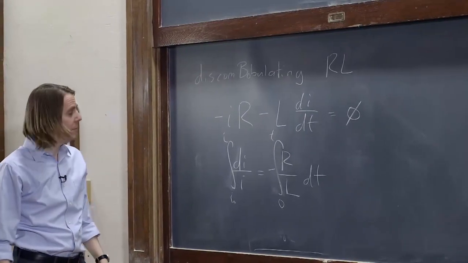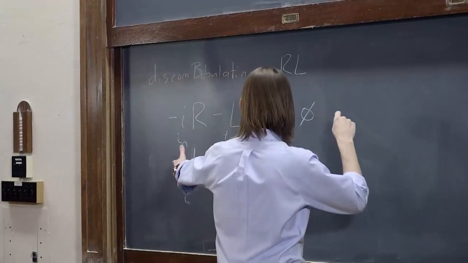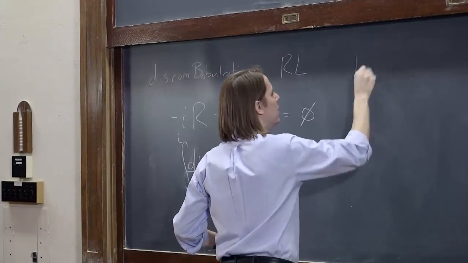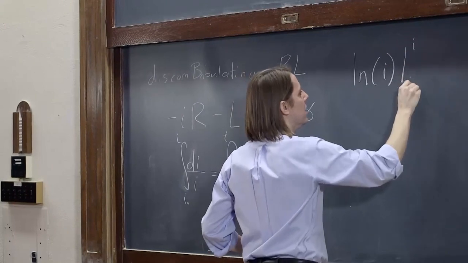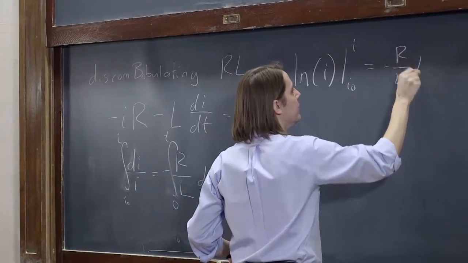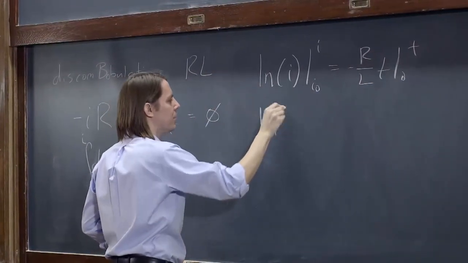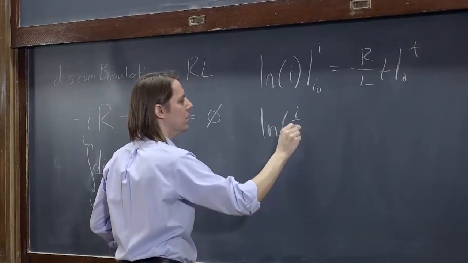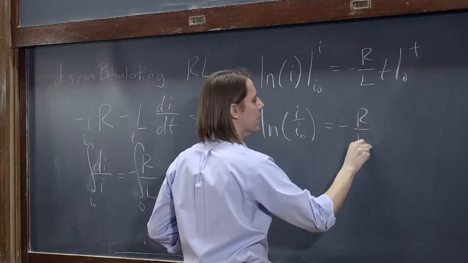All right, well, now we just have to integrate both sides. So this, we've done that integral a few times. It's the natural log of I evaluated from I naught to I. And this one is minus R over L t, evaluated from 0 to t. And we've seen this before. This is the natural log of I over I naught equals minus R over L t.